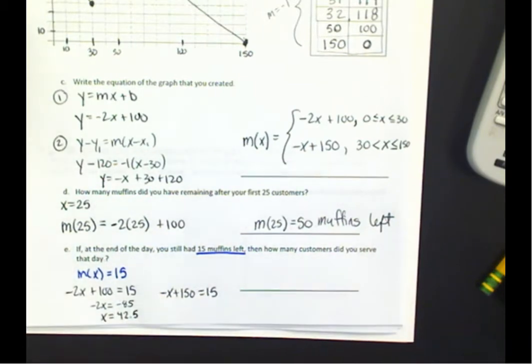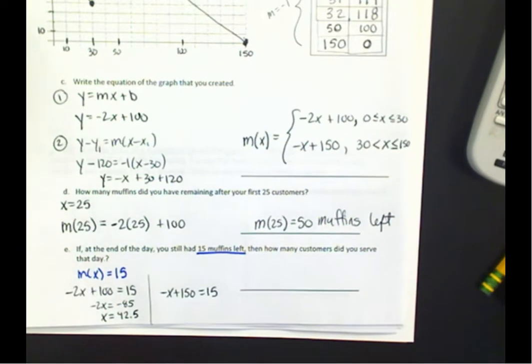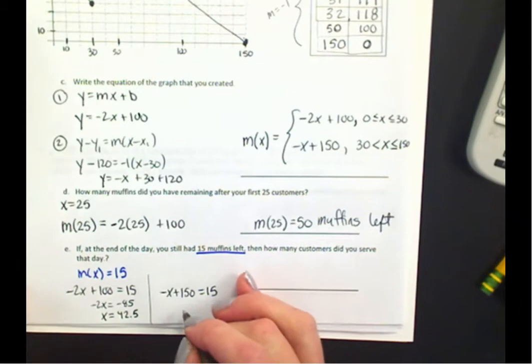Besides, it doesn't make sense to have half a person. Okay. I'm still going to solve it. I'm going to solve the other one, and then I'm going to look at it to see if it makes sense.